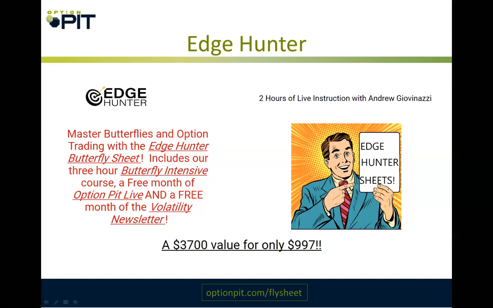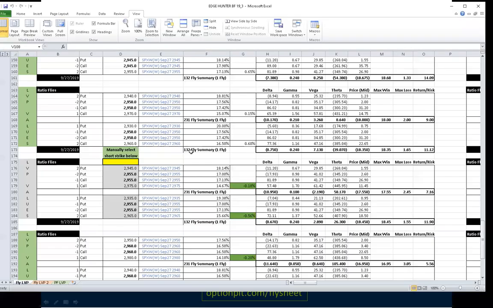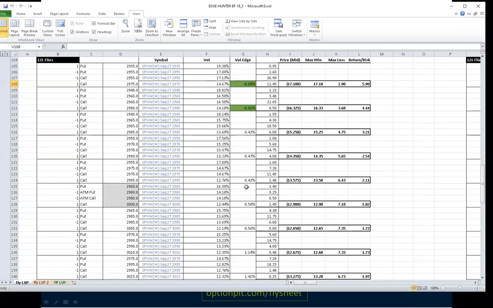So what you do here is you can actually go down, and one of the things I like the most about it is you go down the whole suite of flies and you see how cheap these little flies get. So here you're looking at a 3,000, 2980, 2960, and you go all the way down. So it can show you if there's any edge in any of the downside stuff.